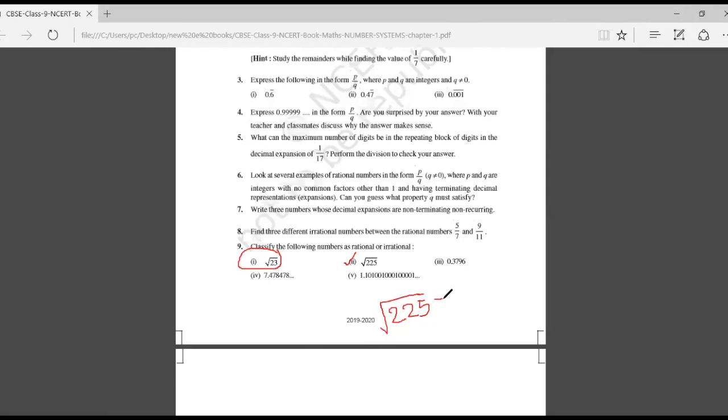Sir, it is 15. 15? 225, the square root of 225 is 15. Who is telling this? Niharika. Very good, Niharika. So here the square root cancels, so the answer is 15. So it's a rational number. Just write question number 9, second one, rational.